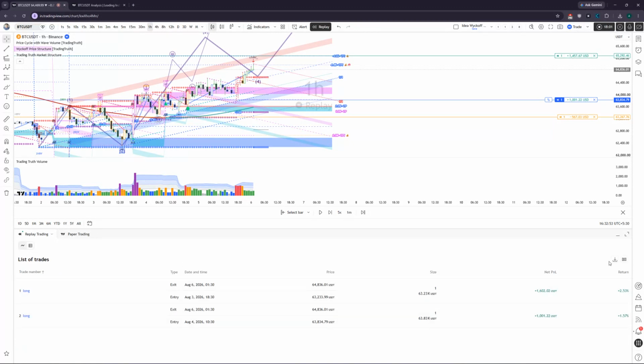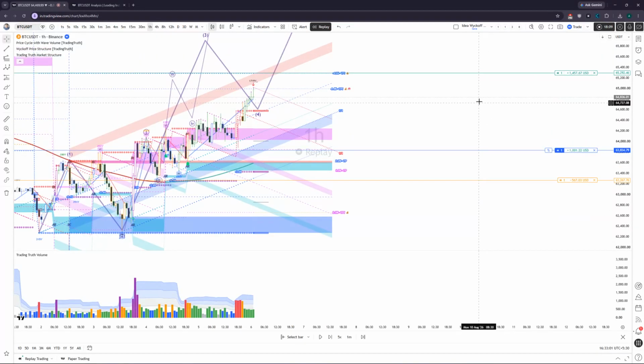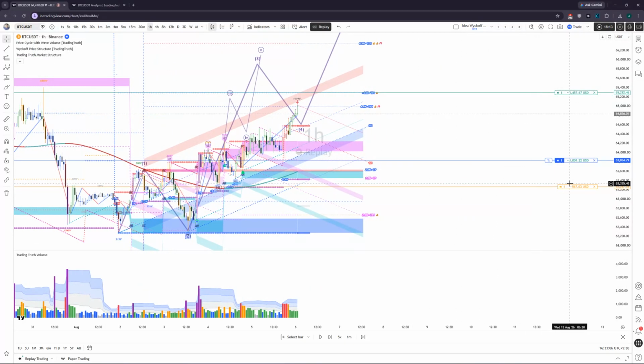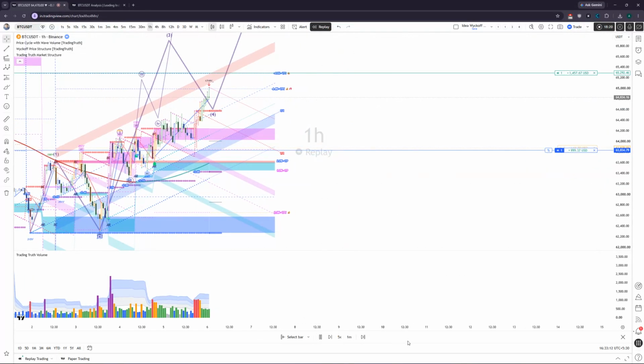I exited one trade. This was that trade, and this is still going on, right? So I'm gonna drag this to break even now, and let it run.